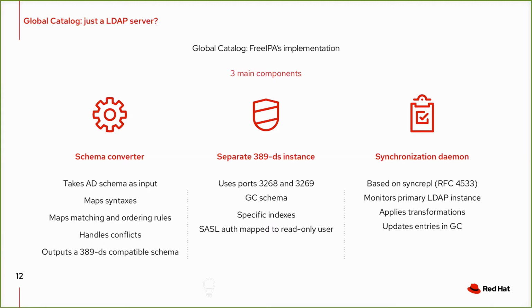The global catalog, the main component, is implemented as a separate 389DS instance. We needed a separate instance because the global catalog must listen on specific ports that are different from the standard LDAP and LDAPS ports. The separate instance also allows us to have the global catalog schema.